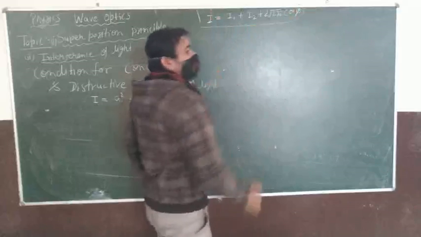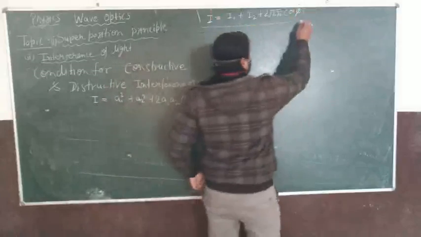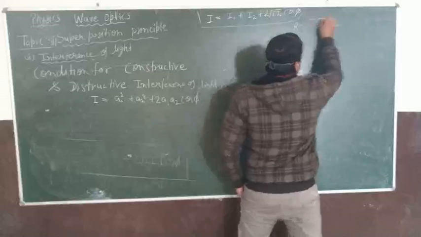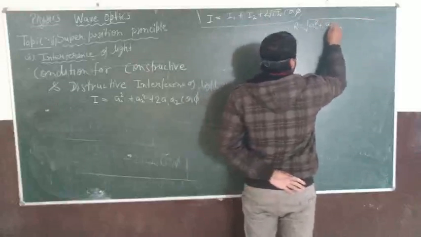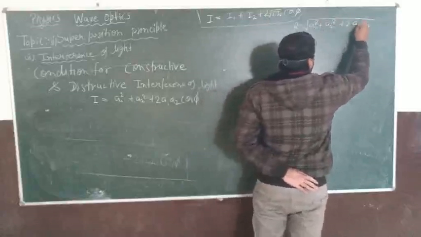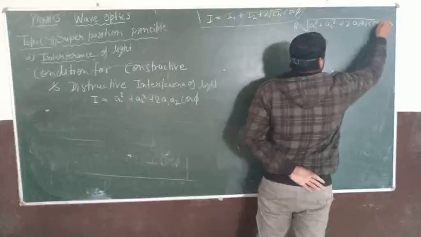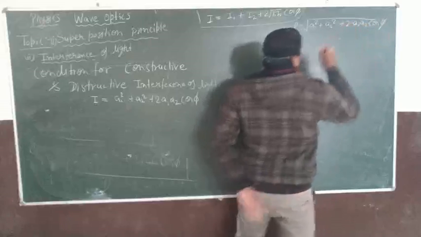And in the form of the resultant amplitude, R is equal to under root A1 square plus A2 square plus 2A1 A2 cos phi. Okay, now.